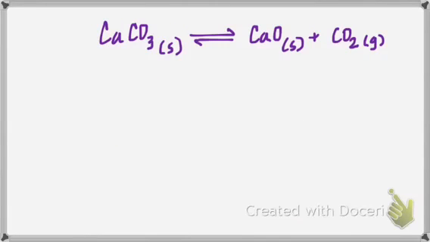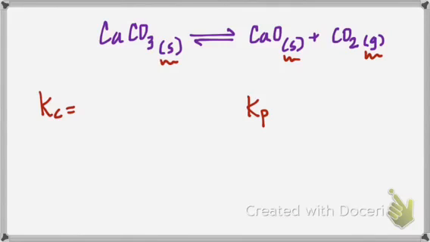In this next equation, I'm looking at my states of matter, and I have two solids and a gas. And so I'm not going to be dealing with the solids. I don't do anything to them, I just ignore them. And because I am dealing with a gas, I can write a Kc and a Kp.